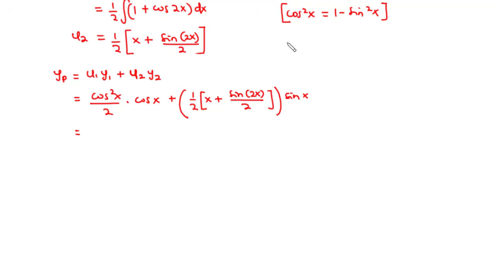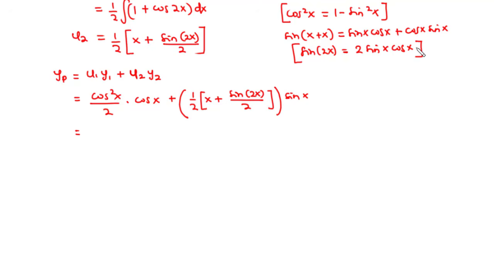Again, for sin 2x, we can have sin of x plus x, and that is equal to sin x cos x plus cos x sin x. So we have sin 2x equal to 2 sin x cos x.